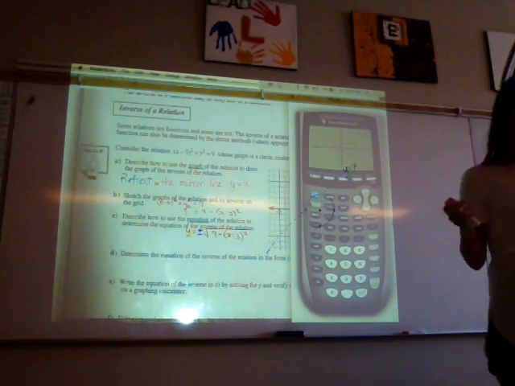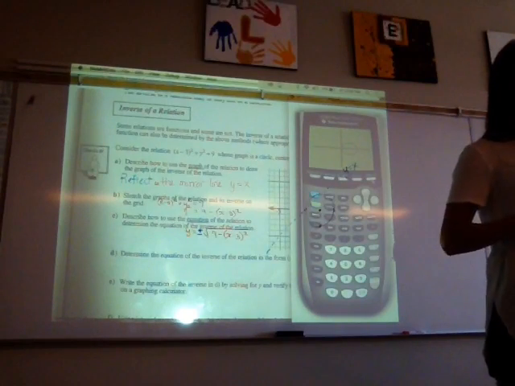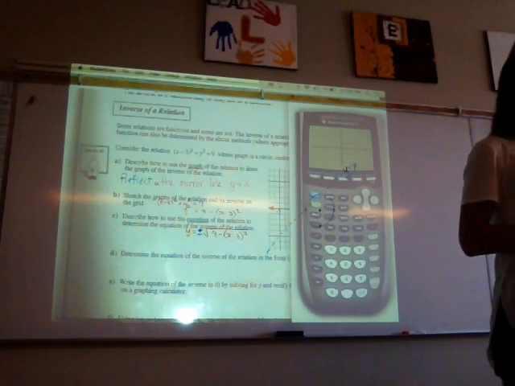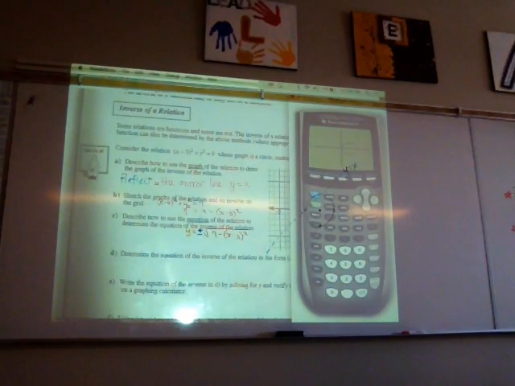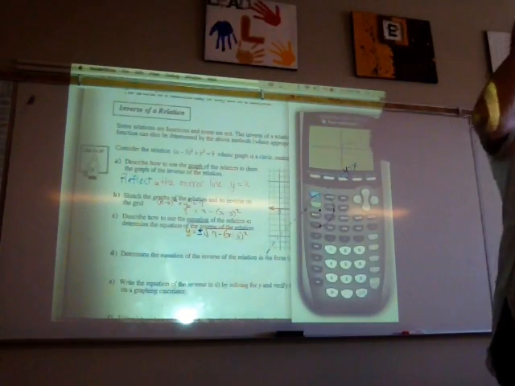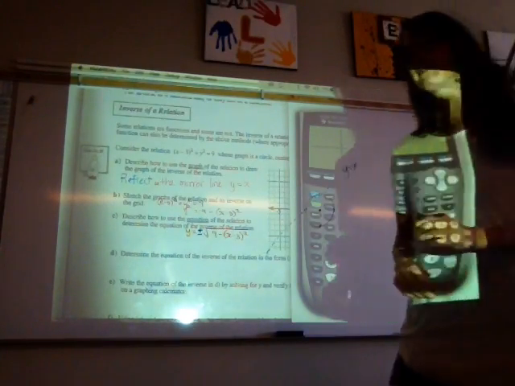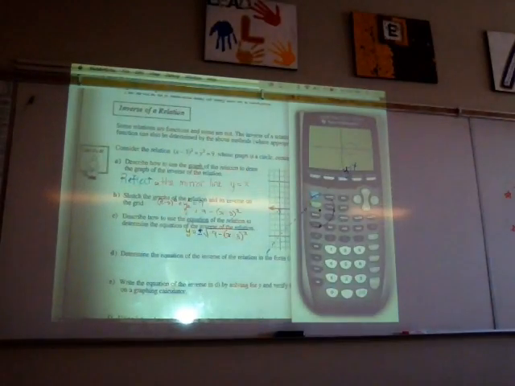So that was the first step, just graphing our function. But the whole point of this exercise is to find the inverse. So just by a show of hands, does everyone have a circle on their graph? Nope. Okay, I'll just come around and help out. Got some weird triangles. Let's see.